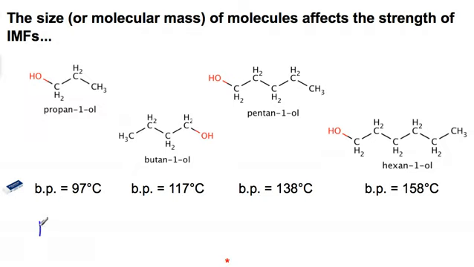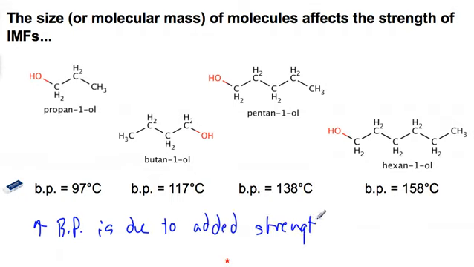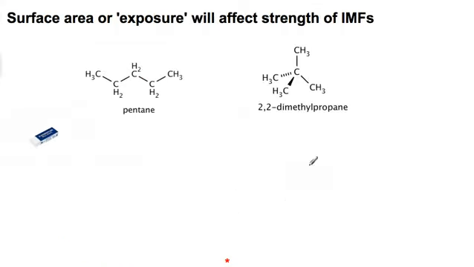So this increase in boiling point is due to added strength of dispersion forces only. They all have the OH group, so they're all exhibiting hydrogen bonding. So it's not that, it's because we have larger molecules. So increased size, increased strength of dispersion force.